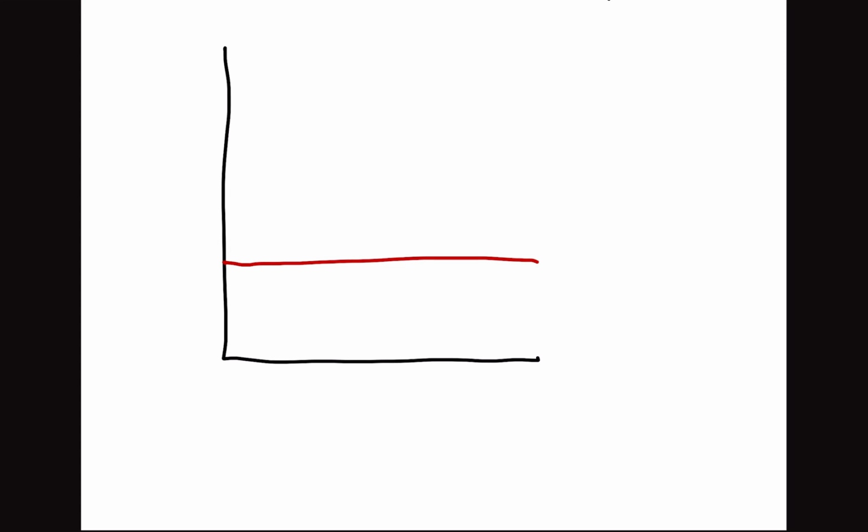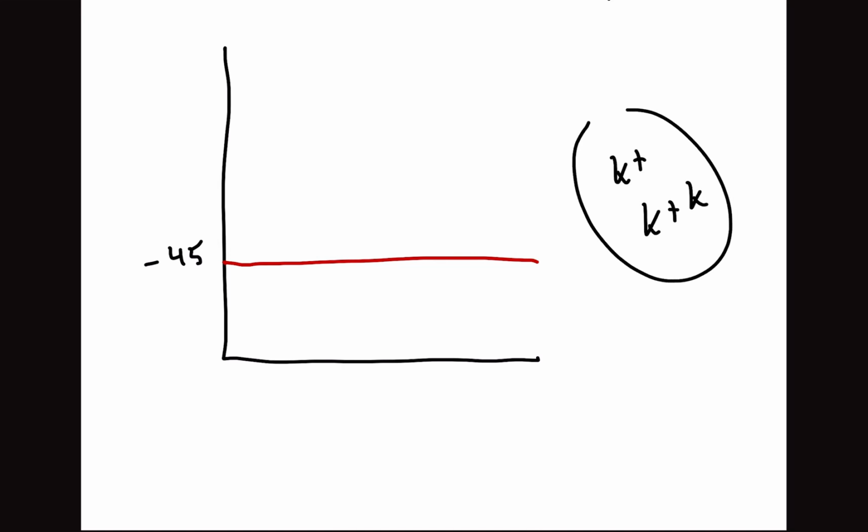let's draw our little graph here. If they open at the exact same time, well, it's going to be a flat line. Because no matter what the voltage is, right? Say it is negative 45, for example. The same amount of ions with potassium, and say you have sodium.